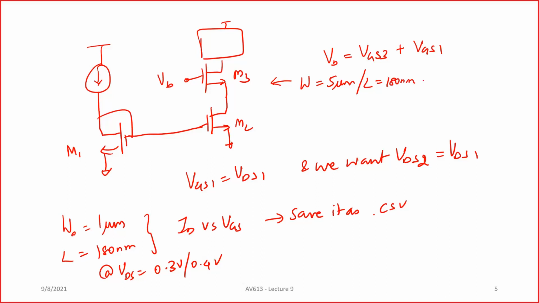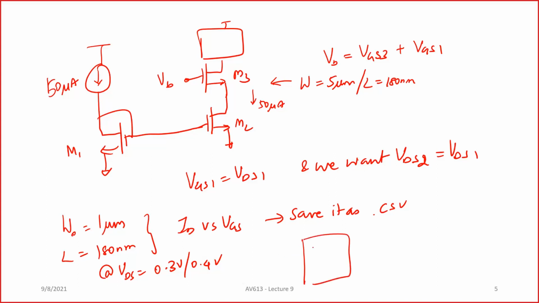Let's say my current here is 50 microamps, and I want the same 50 microamps to flow here, right? So what will I do? If I want 50 microamp to flow for a W by L ratio of 5 by 180, how much will flow for 1 by 180? It will be 10 microamp.